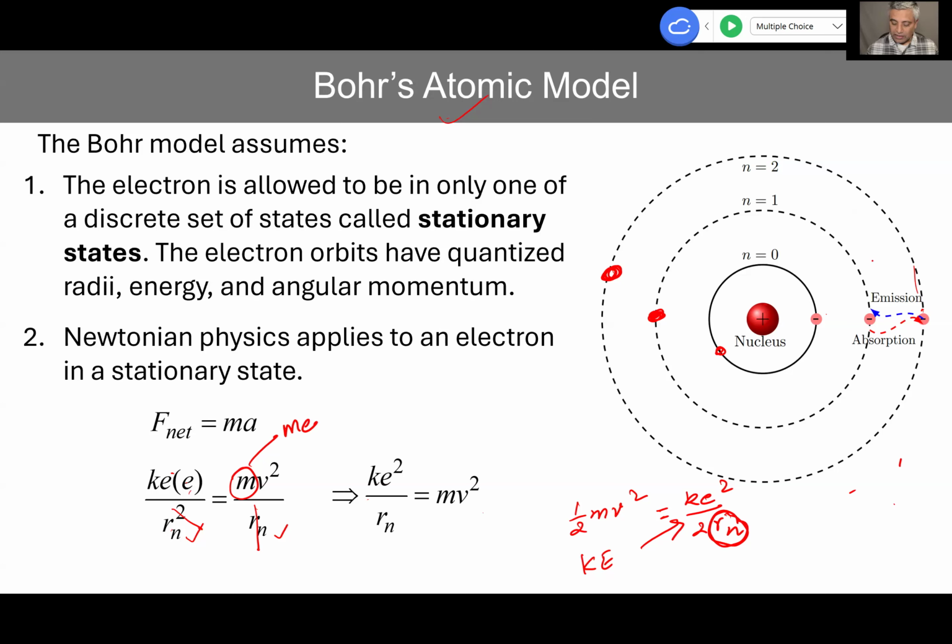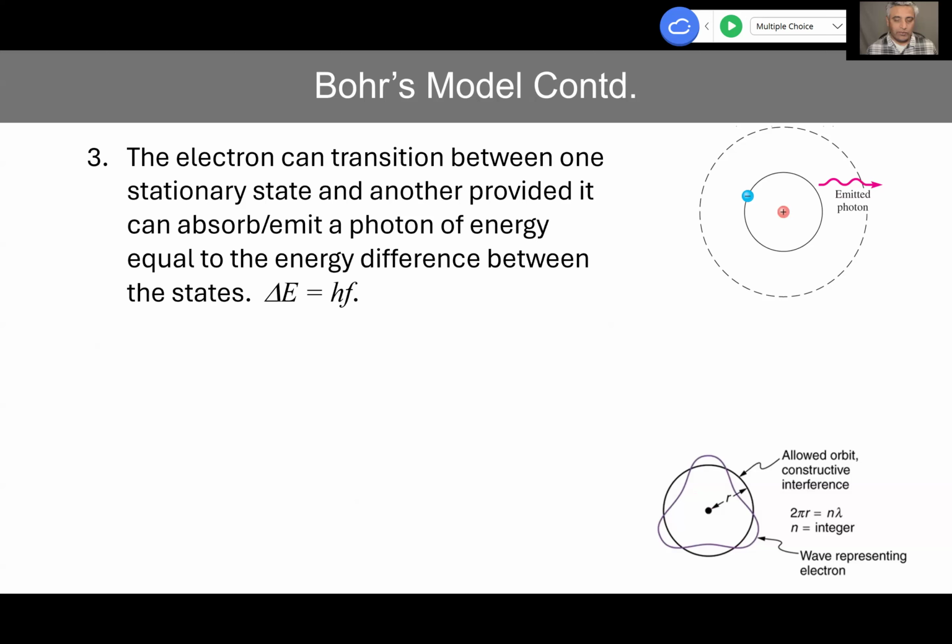So he already discretized the orbit, and then he says that when it jumps, it emits a photon.